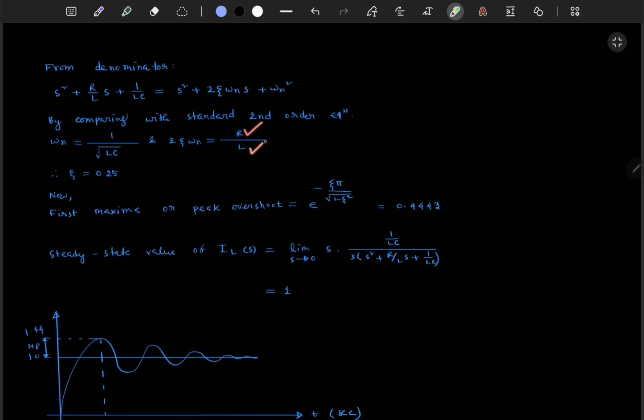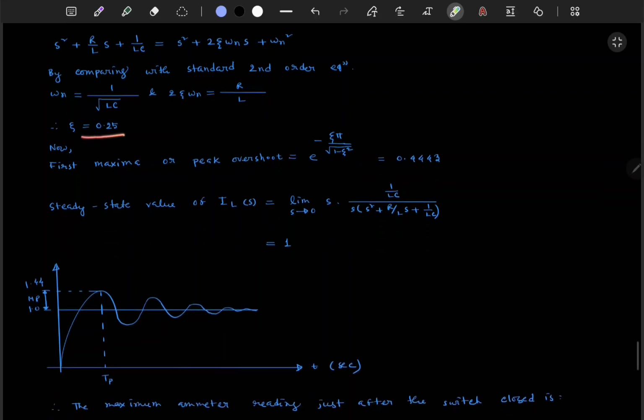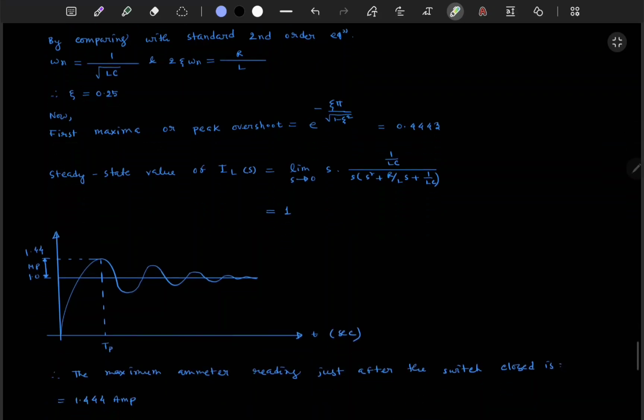The values are given, so if we put in the values we get this. The first maxima, or peak overshoot, formula is e to the power minus epsilon pi by root over 1 minus epsilon squared. Putting in the value we get this.